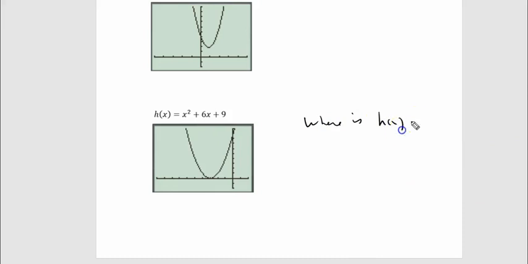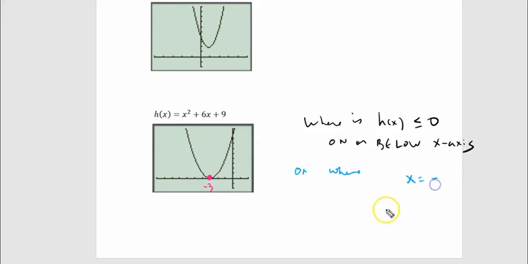Where does that happen? Well, that is when it's on or below the x-axis. And it's never below the x-axis, but it is on the x-axis at -3. So it's on when x is equal to -3. So that would just be a singleton.